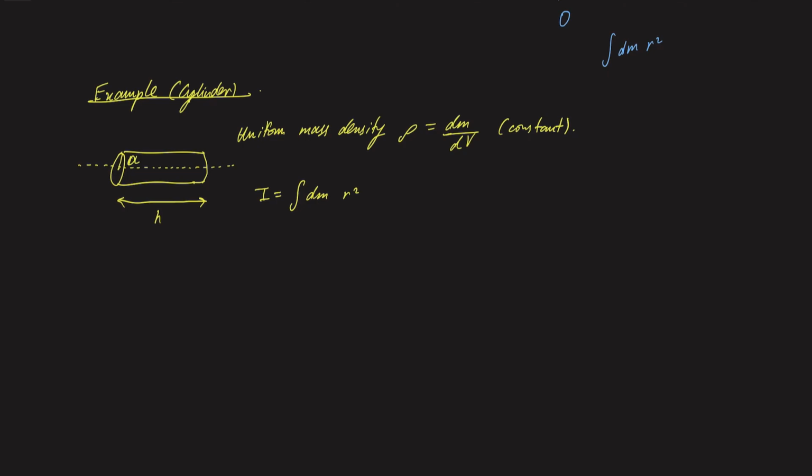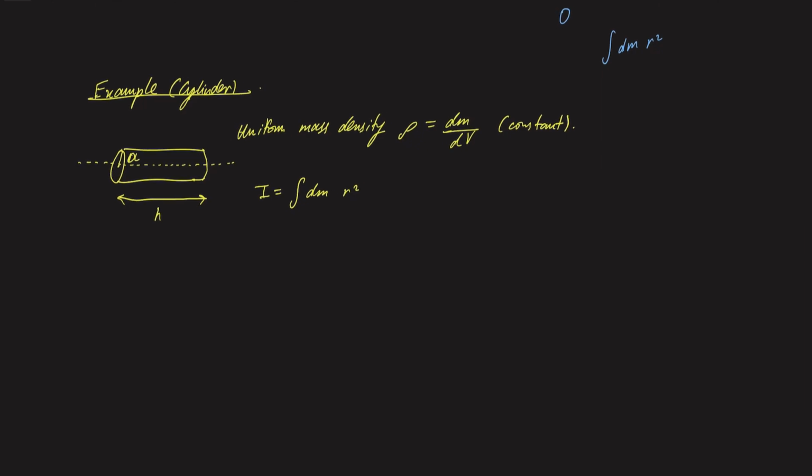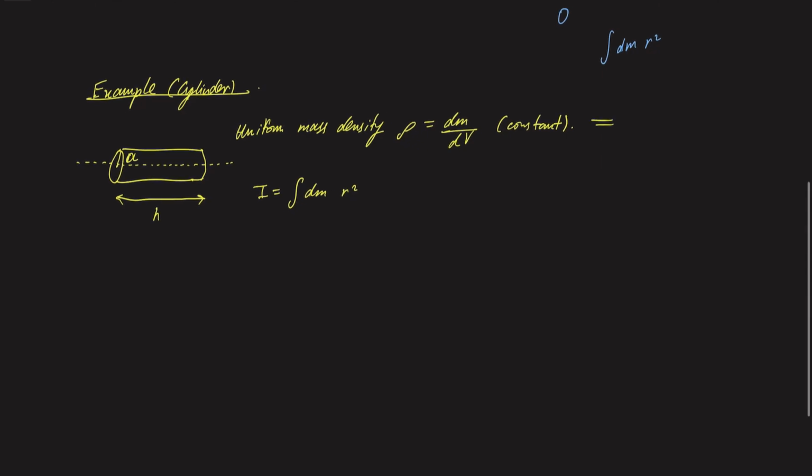So the way we're going to do that is we're going to use rho because it's dm over dv. We note that because rho is dm over dv, we have dm is equal to rho dv. So this integral becomes the integral over rho r squared dv.